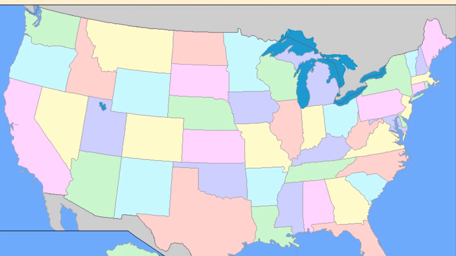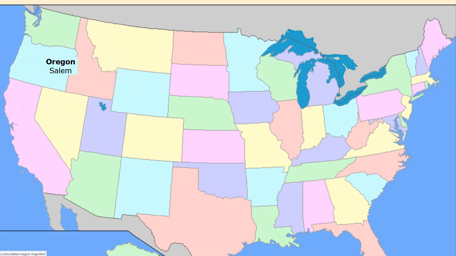But check this, why I want to use this map. If you put your mouse here, this is Washington, their capital is Olympia. This is Oregon, their capital is Salem. This is California, their capital there is Sacramento. And then if you go to the Northeast, you have Maine.